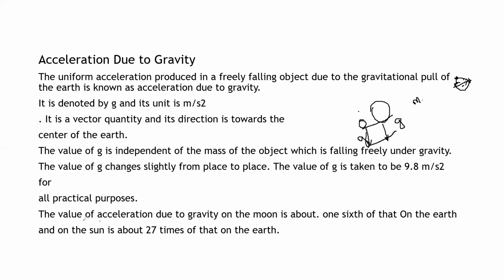Sometimes we round up and take this 9.8 as 10 also. The value of acceleration due to gravity on the moon is about 1/6 of that of the earth, and on the sun it is about 27 times that of the earth. What is the meaning of this? They are saying the relation between the acceleration due to gravity of the earth, the moon and the sun.